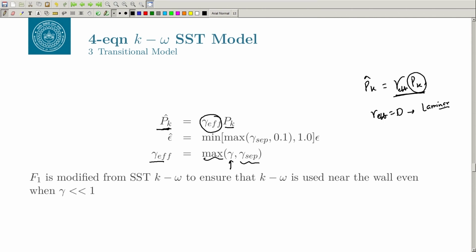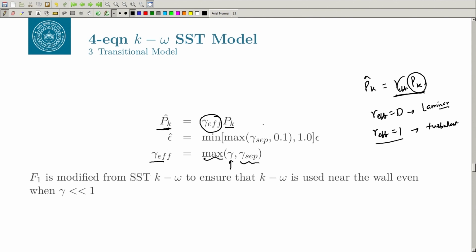In this case the production of the kinetic energy completely stops. There is no production of turbulence kinetic energy if there is no turbulence, right. On the other hand, if gamma effective is equal to 1, this is a fully turbulent flow. In this case it basically goes back to the original SST k-omega model, right.